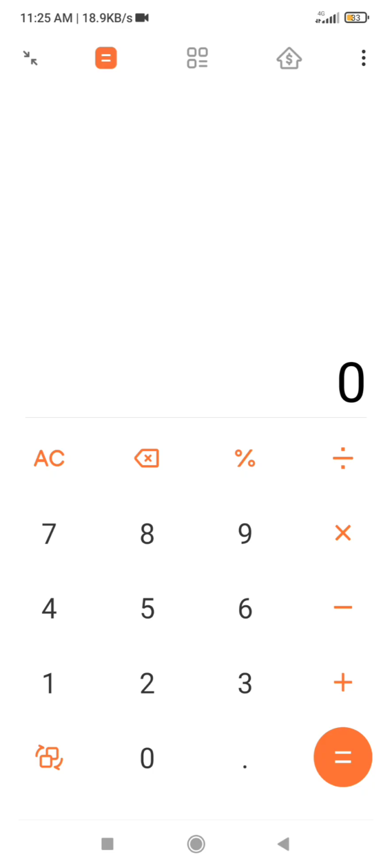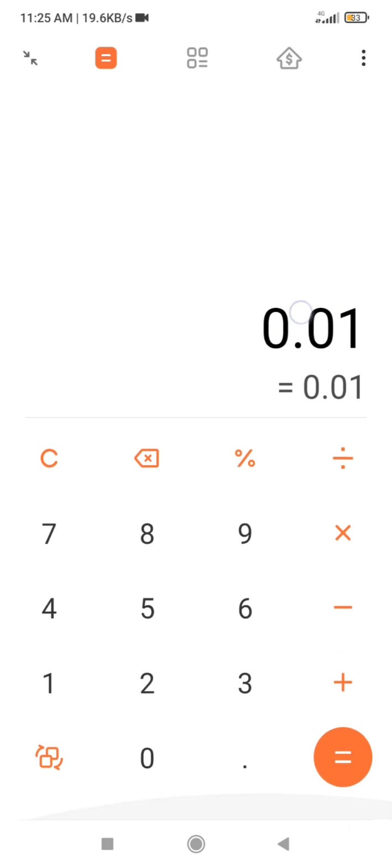You see, in forex trading, 0.01 is the lowest lot size that you can get in a standard account, a regular account, which means that if you are opening a trade with a lot size of 0.01, you will need 1,000 US dollars to open this 0.01. If you are going to open a trade with 0.02, you will need $2,000.